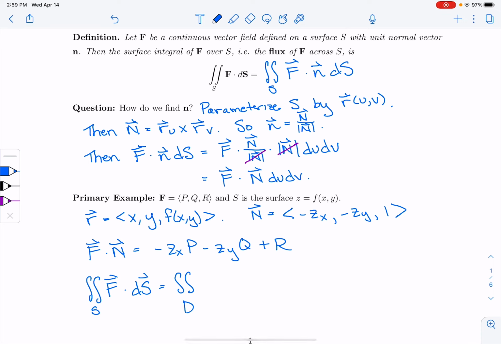We'll just call that D for now. And then we're going to integrate minus z sub x p, minus z sub y q, plus r, dx dy. So there's this kind of nice natural way to compute the normal vector when z is a function of x and y. And so this is how we can simplify our surface integral to make that computation.